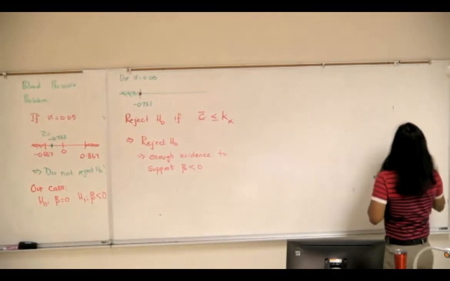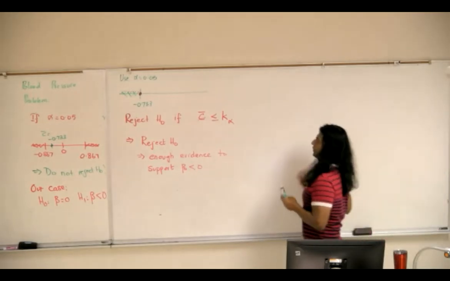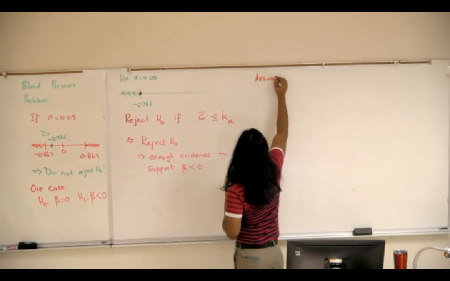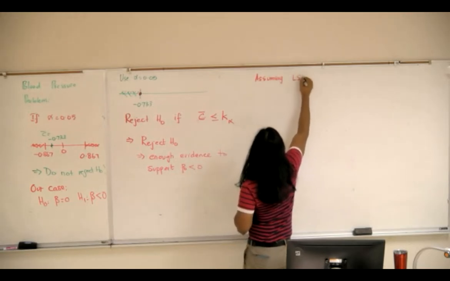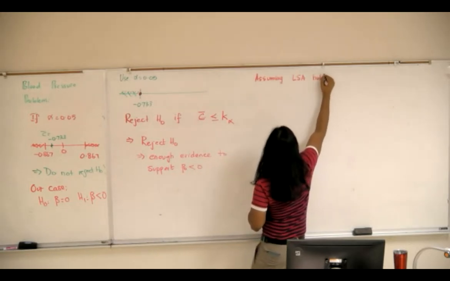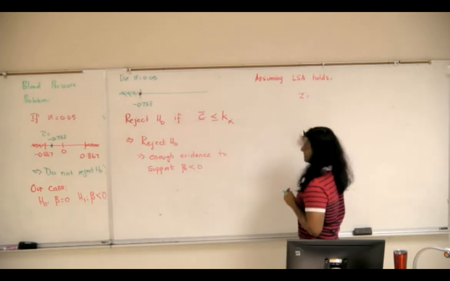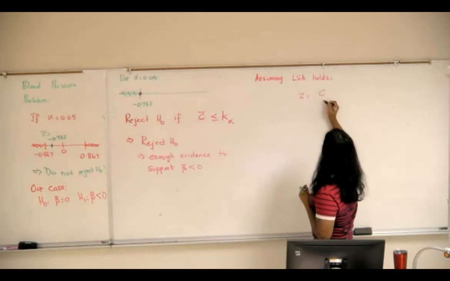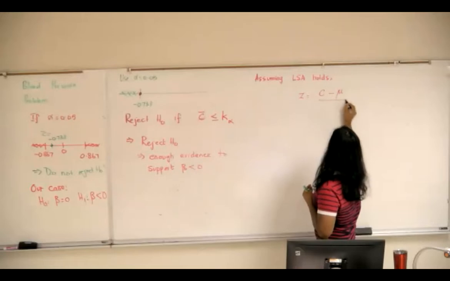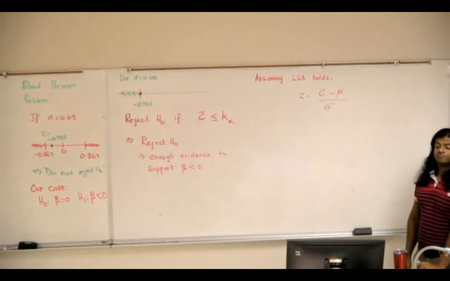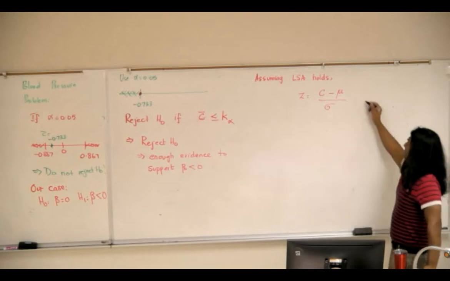The large sample approximation would use C, assuming LSA holds. The standardized test statistic is C minus mu over sigma. Mu is 0.